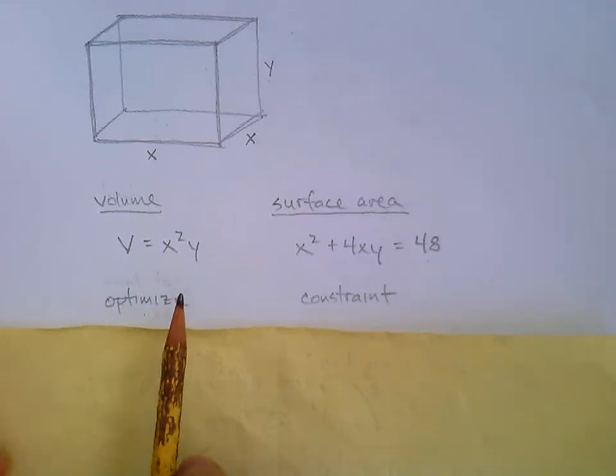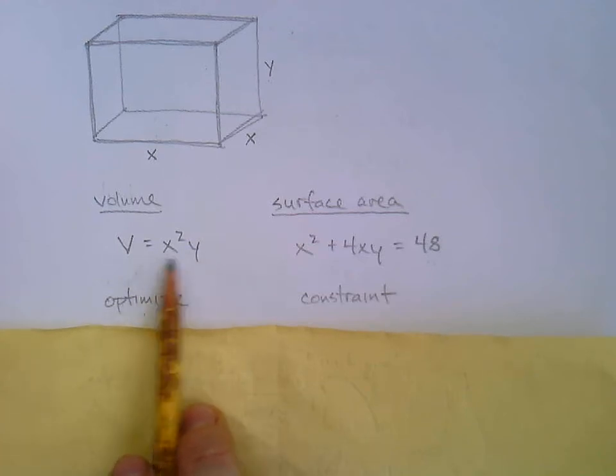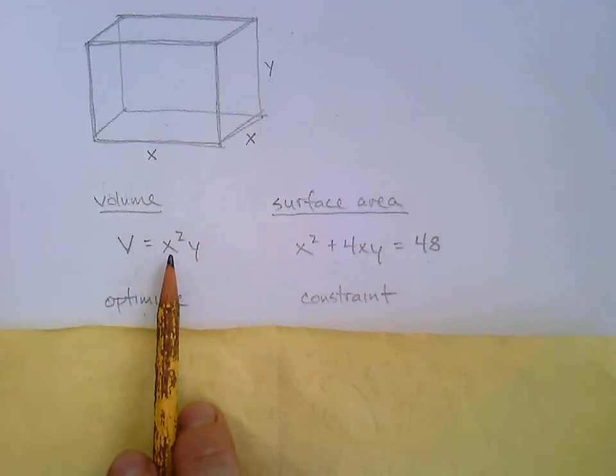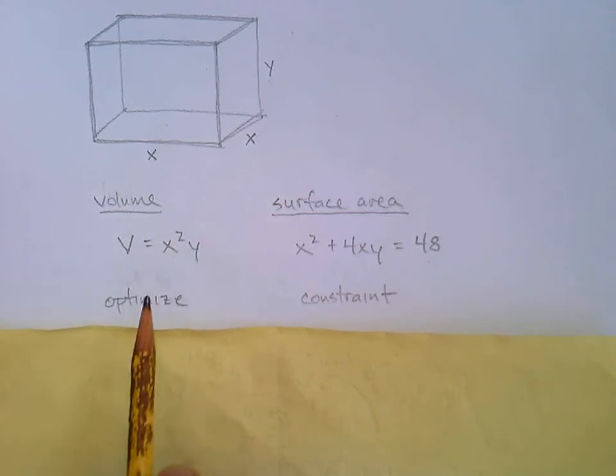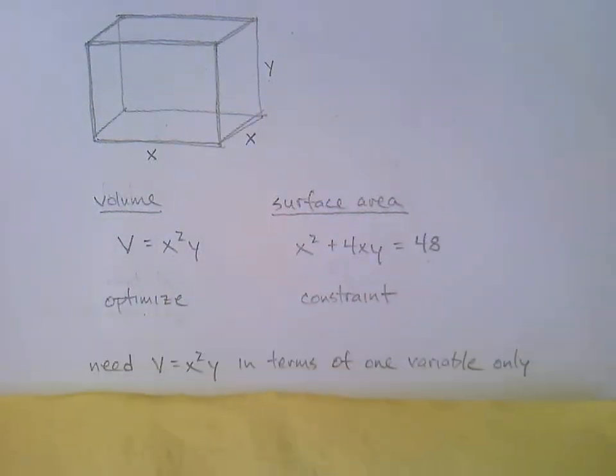But we're hindered right now because we've got volume in terms of 2 variables. We can't do anything with this yet because we've got x's and y's. We need the volume in terms of one variable only. We need V equals x squared y in terms of one variable. If we can find a way to write this in terms of only one variable, then we can take derivatives, and then we can go for it.